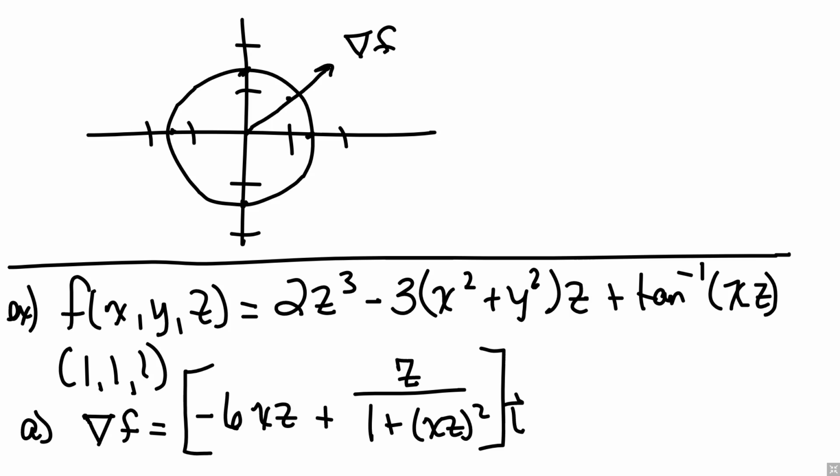Plus, what would be our partial of f in respect to y? It will be negative 6yz, and that's going to be in the j direction.